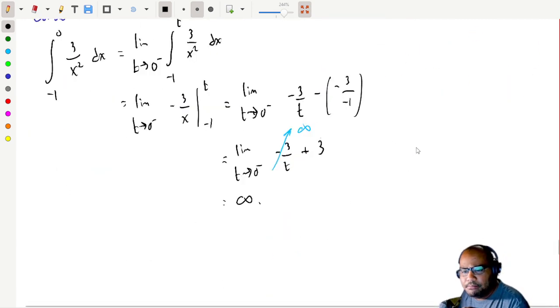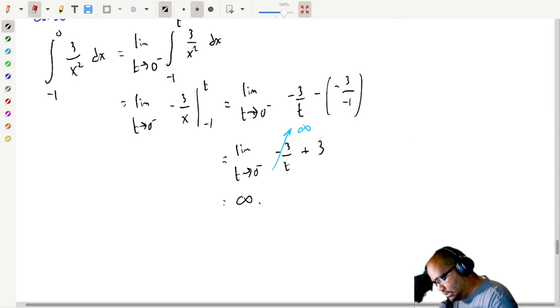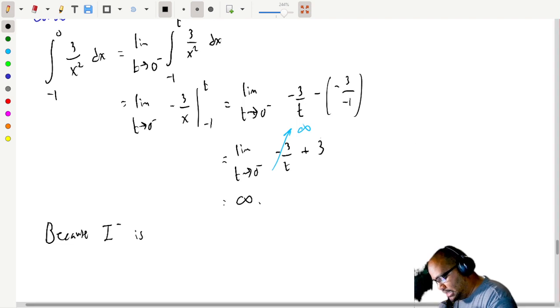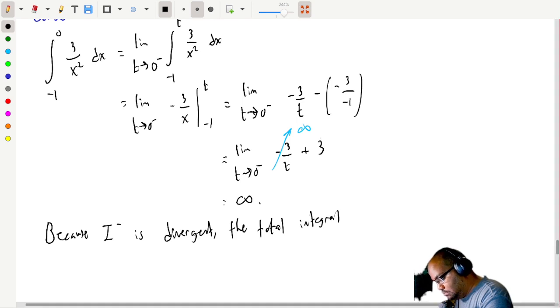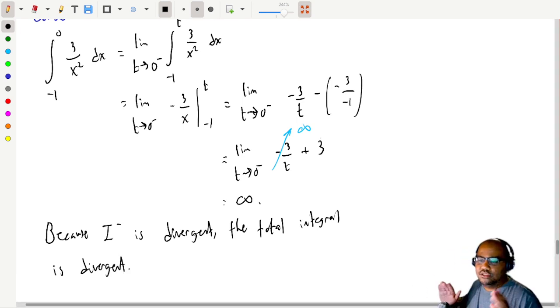The point is here, because I minus is divergent, the total integral is divergent. So the whole integral diverges.